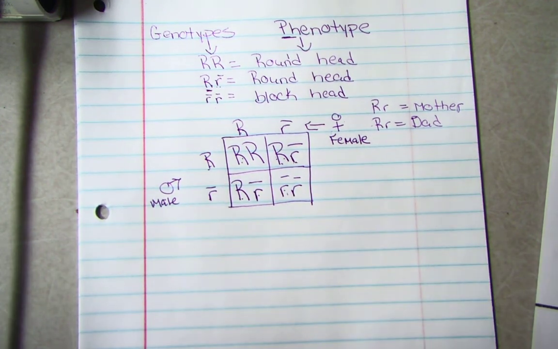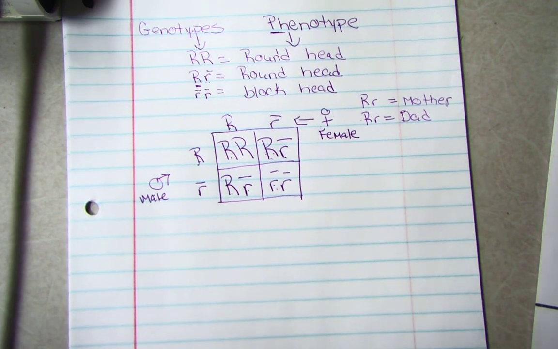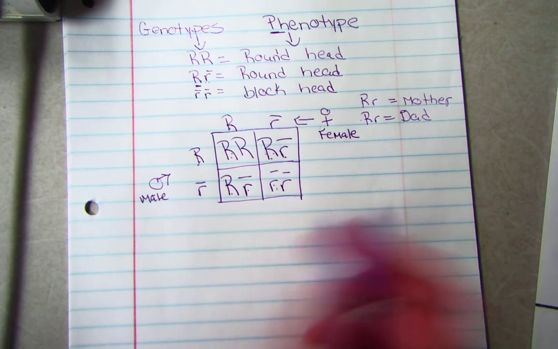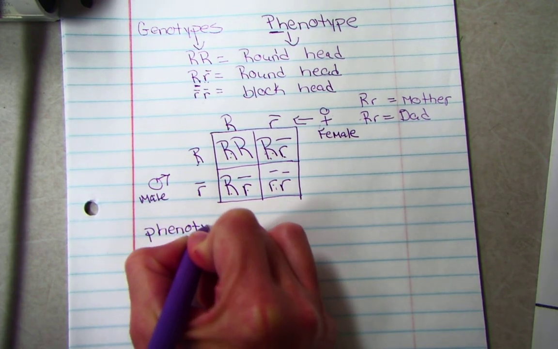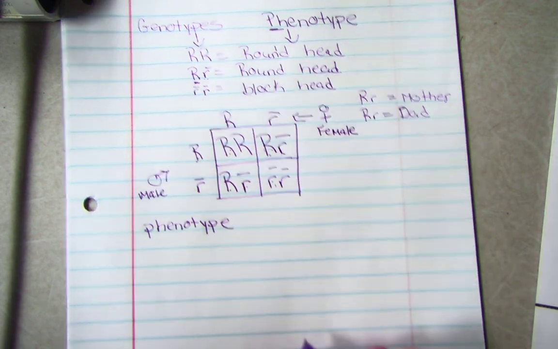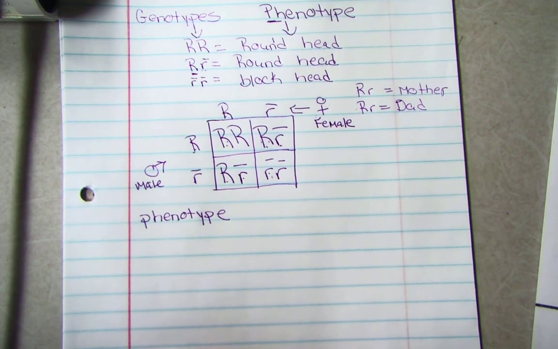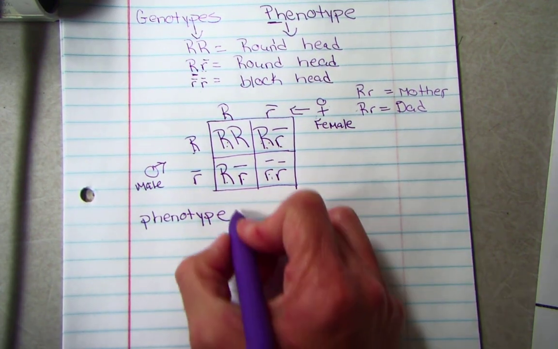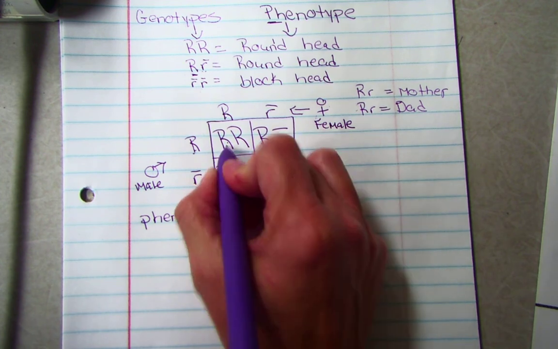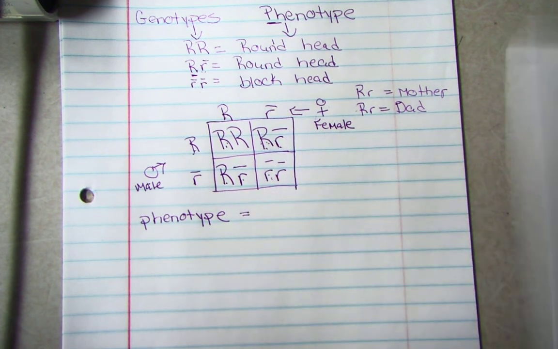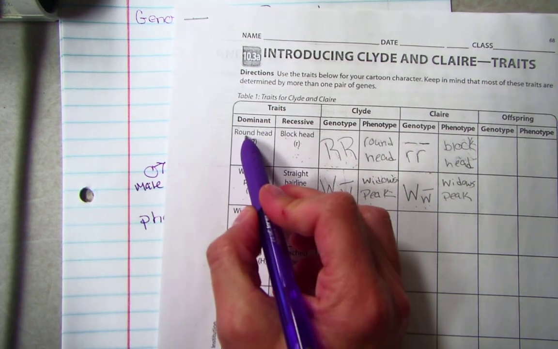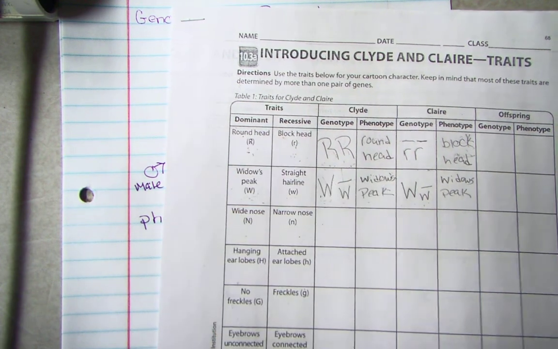So now we have to figure out what is our probability of having the different types of heads. So for my phenotype, that is physically how the trait is going to appear, I have 3 boxes that have a capital R. And remember, I said over here, the capital R stands for round.